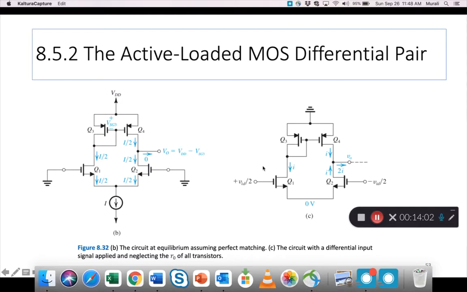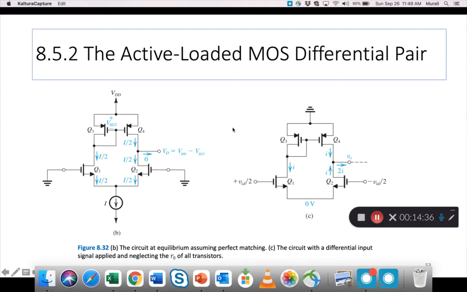Now in figure C, if you apply some input signal symmetrically, half here and half here, then what happens? Now you'll see that this output lead has a current 2I coming out of it, because two currents each of I magnitude are coming in to this node.